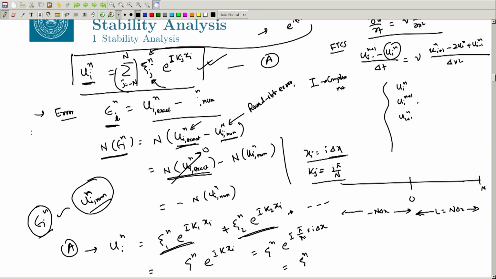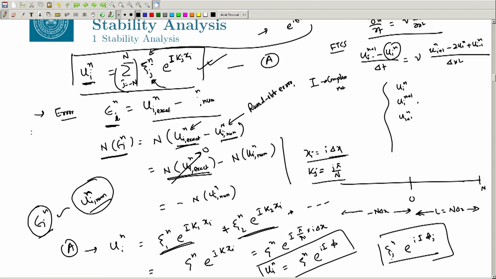So this will become g^n e^(i phi). This is what we will be analyzing. Remember, this is not the entire function, we are just picking one wave and analyzing it. If you generalize it, it will become zeta_j^n e^(i phi j). I am dropping the j here.